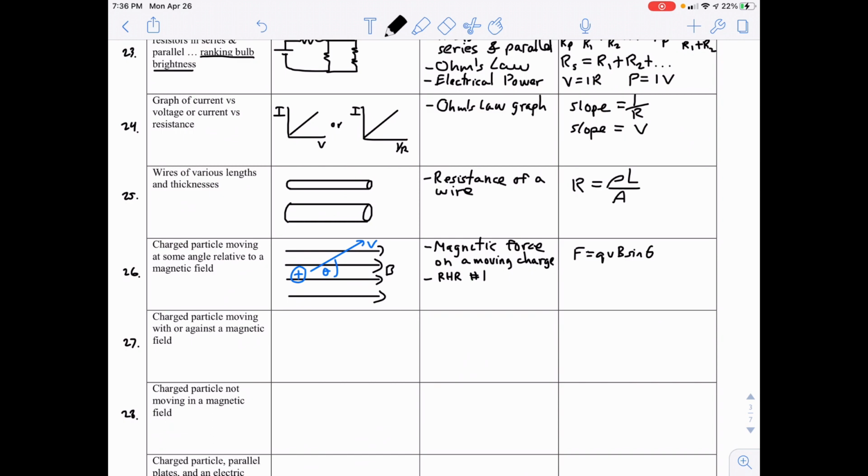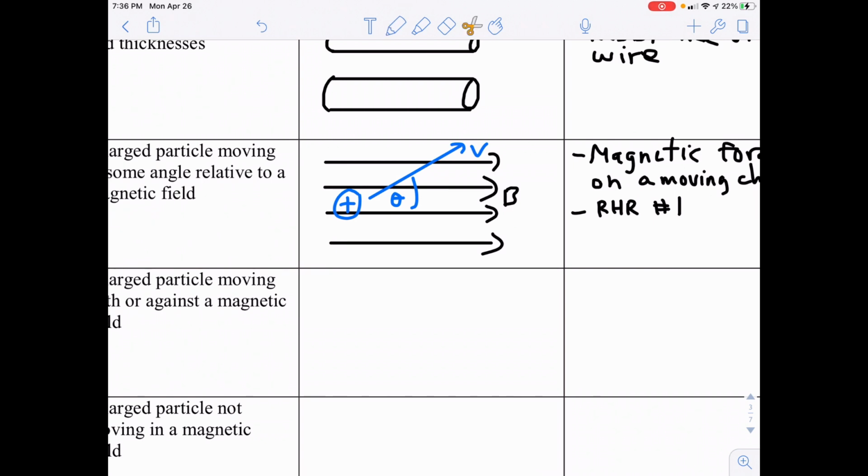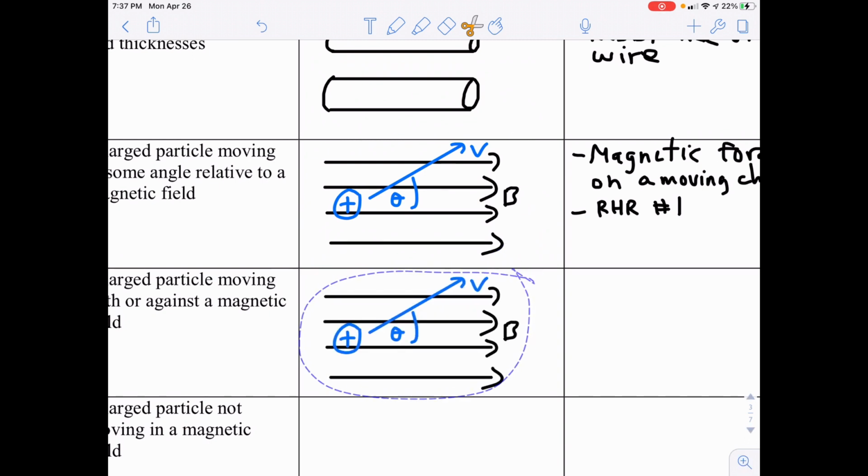All right, so let's say we have a charged particle moving with or against a field. And let's draw a field to the right. This time, let's put the charge going with or against the field.